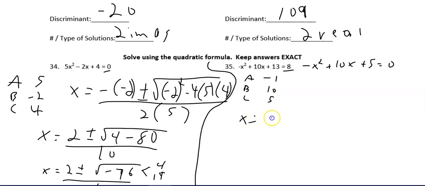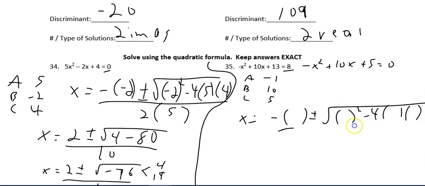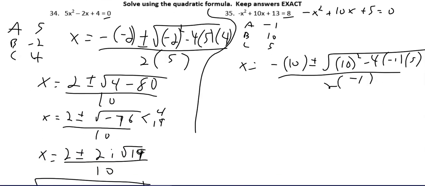So x equals the opposite of b plus or minus square root b squared minus 4ac all over 2a. Now I fill in my numbers. B, B, A, C, A. Now I just crunch them. Opposite 10 is negative 10.